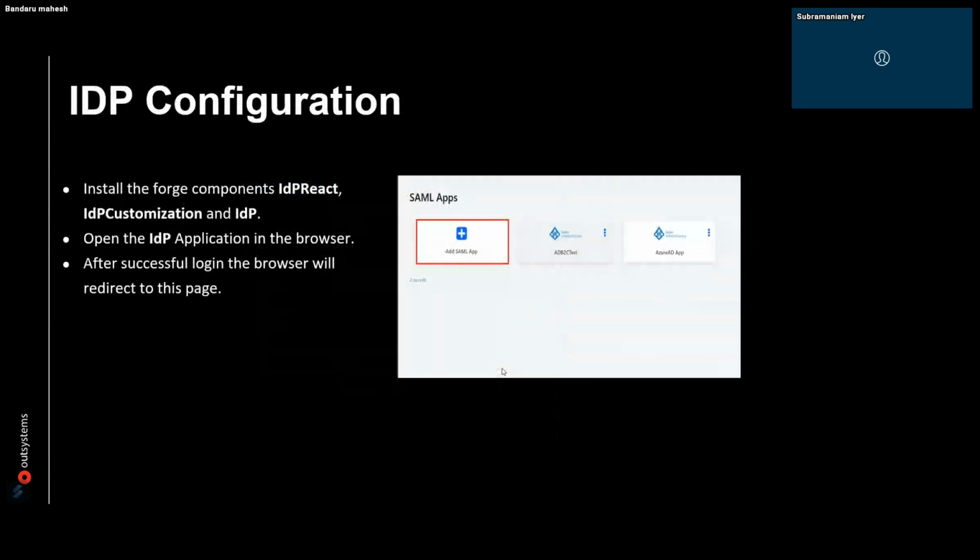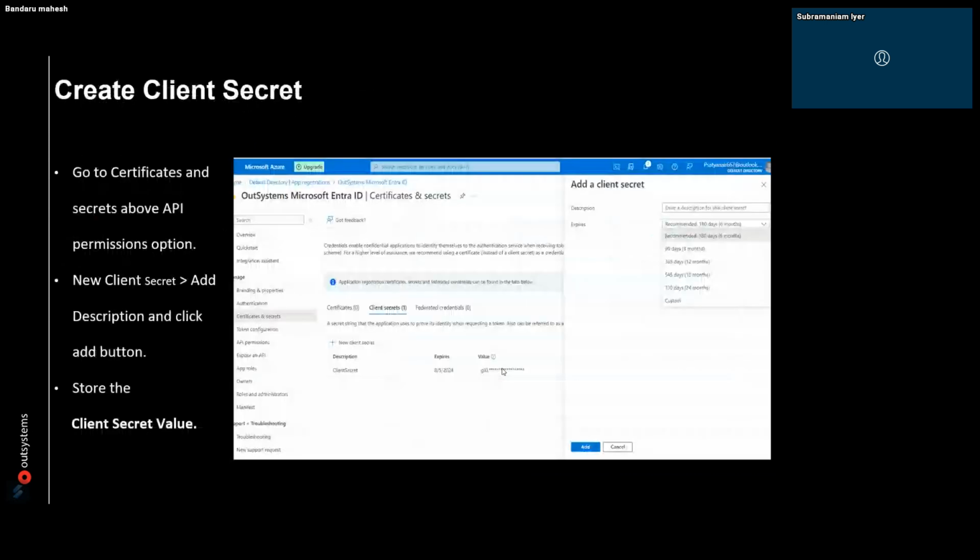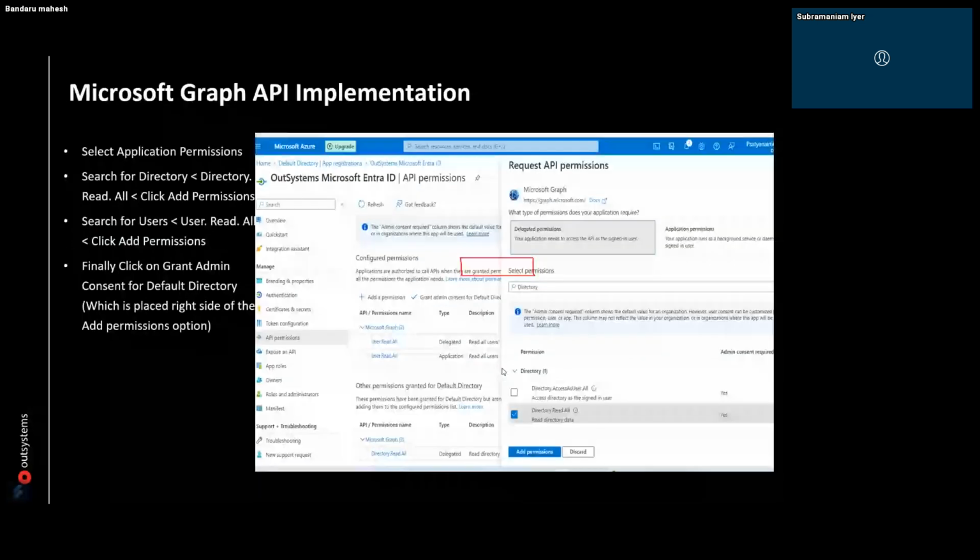Coming to the IDP configuration, let's take another pause here, Mahesh. Can you go back to the last screen? One of the things you can look at is that the client secret can be set for a particular expiry.